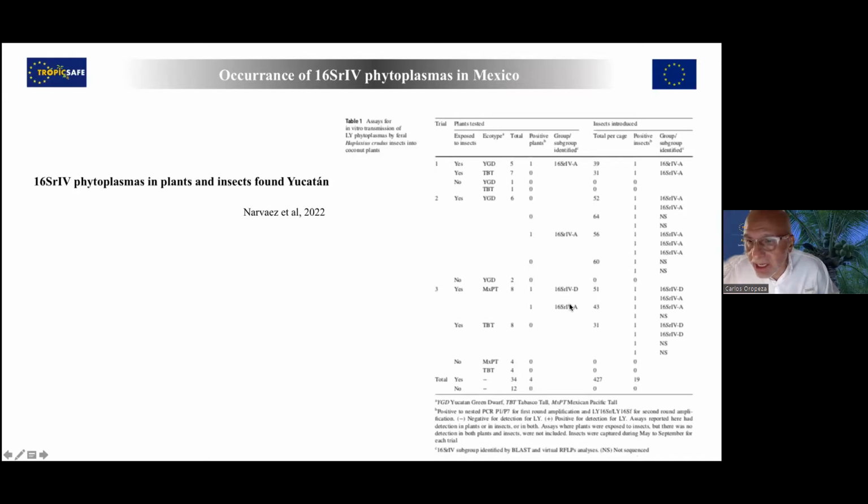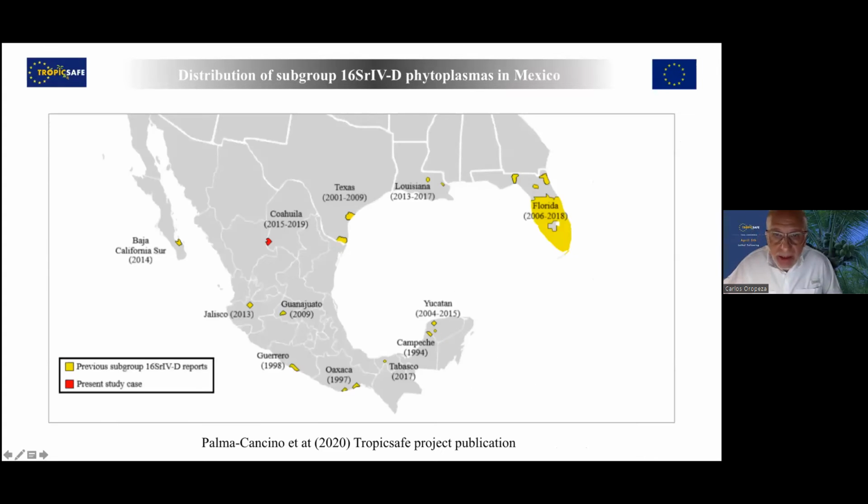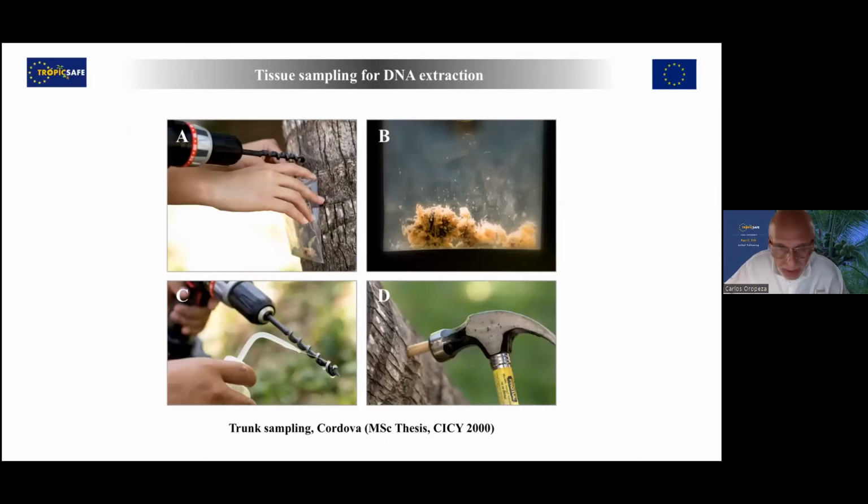As you can see, it's A and D. And in the case of the insects, again, we have A and D. So the message there is that most of the phytoplasmas found in plants, but also in insects, are either subgroup A or subgroup D.